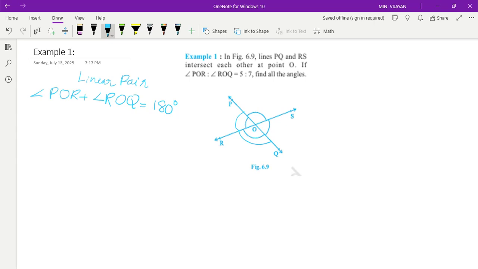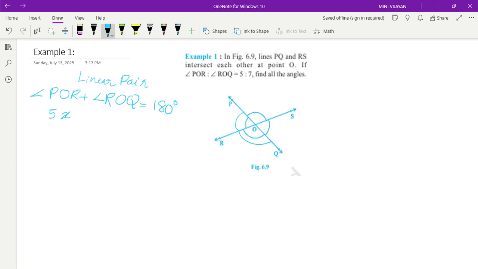Now, the ratio of the same angles, POR is to ROQ, equals 5:7. So from that, what can we write? Since the ratio is 5:7, those who already know the concept of ratio and proportion can answer this. What can we take as the measure of POR? Yes, it is a multiple of 5, so we can take it as 5x.